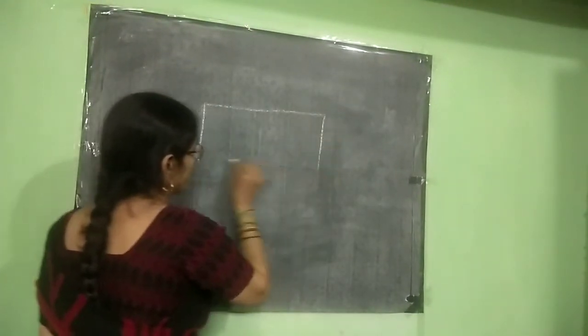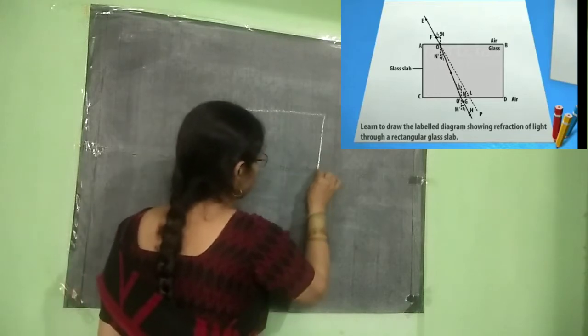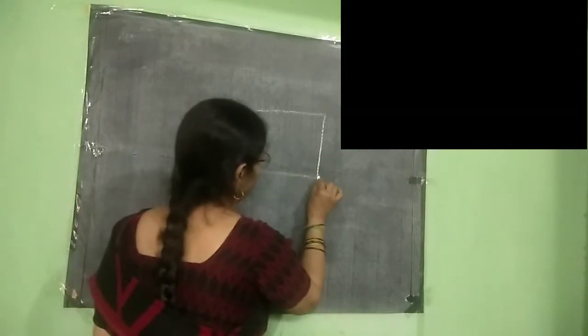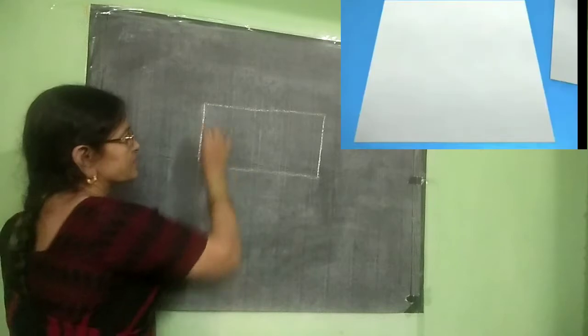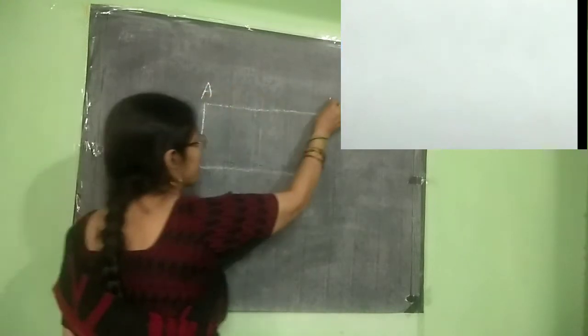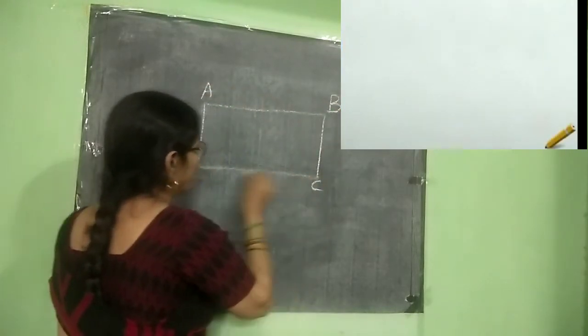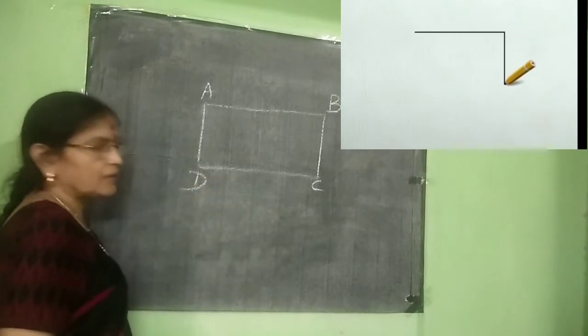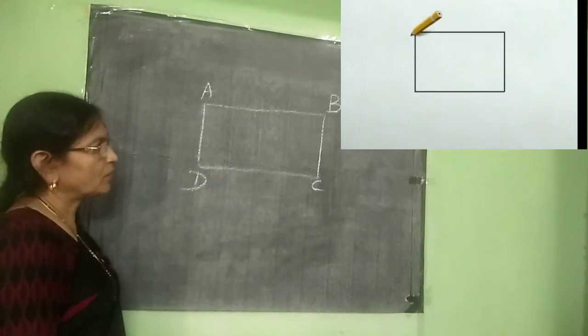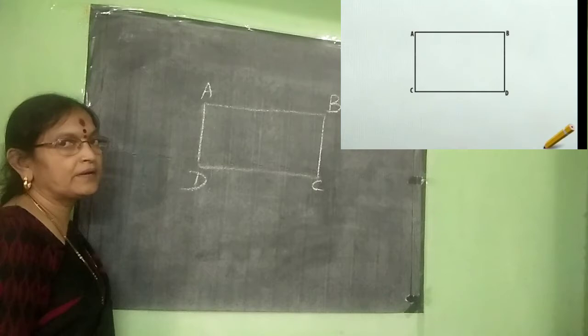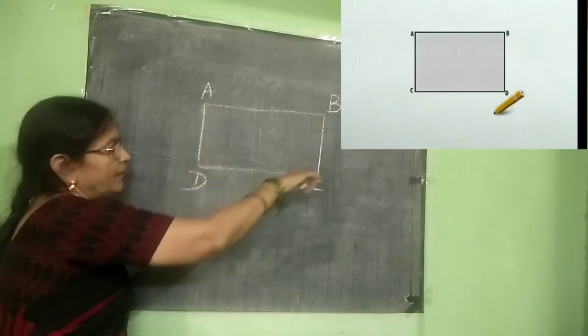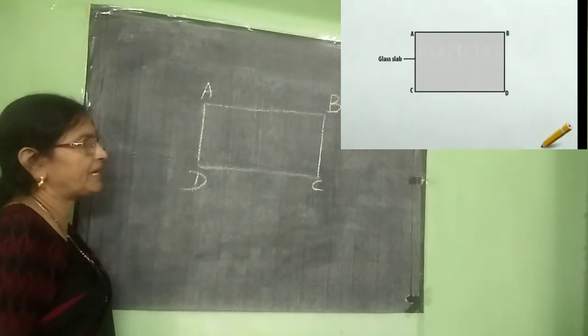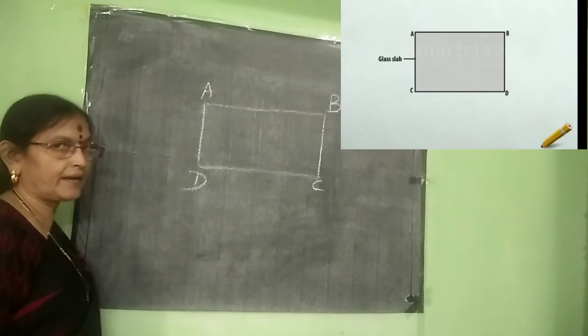The glass slab experiment. Now it is a cuboid structure. If you observe, the faces will be rectangular. Now place the glass slab A, B, C, D on a drawing board, on a drawing sheet, and mark the glass slab base. It will be a rectangle.